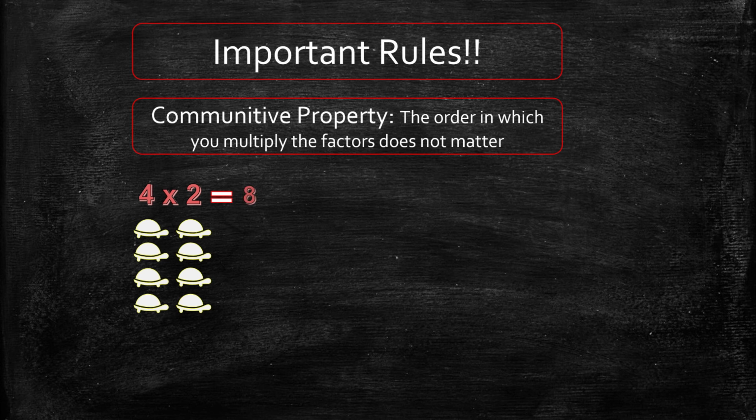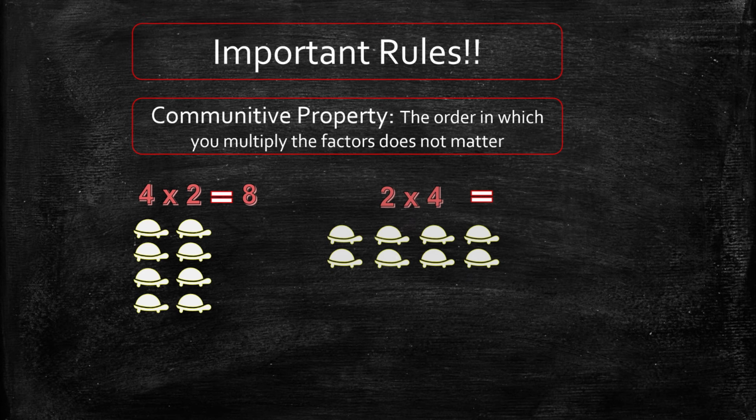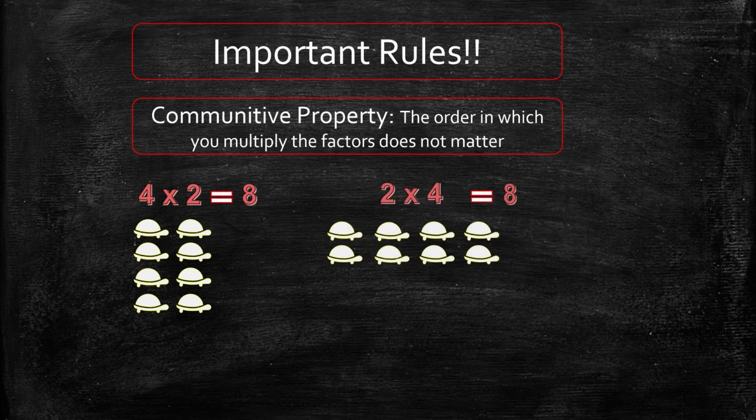Now, the order in which we multiply, if we change that around, now we have 4 groups of 2, and 2 times 4. We still have 8 turtles. The multiplication problem is written differently, but because it's the same factors, we get the same answer.